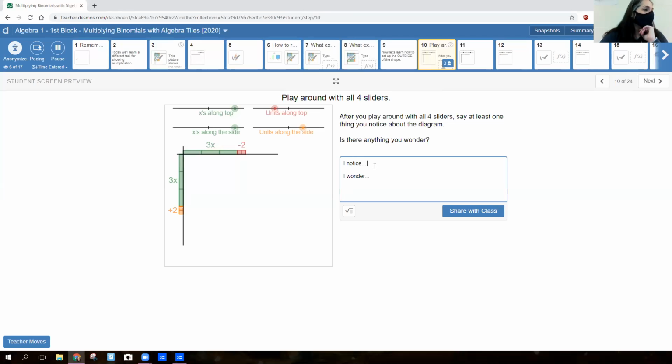So maybe one thing that you noticed, I'm reading, is that the top is the first binomial and the side represents the second binomial that we are multiplying.